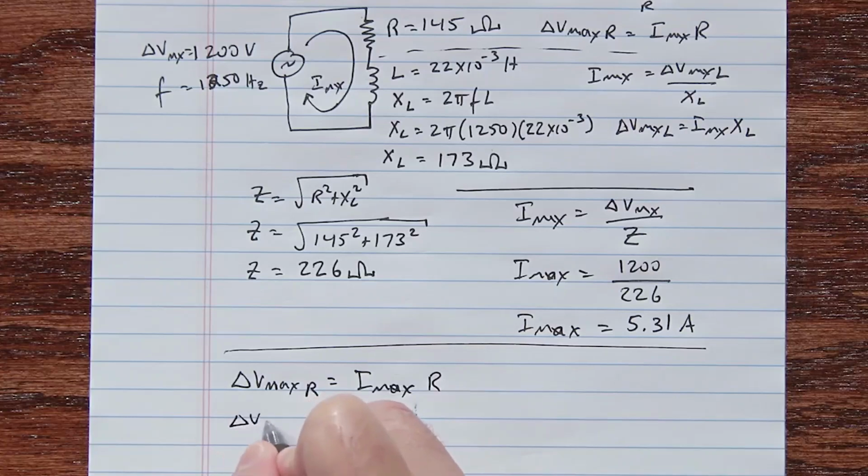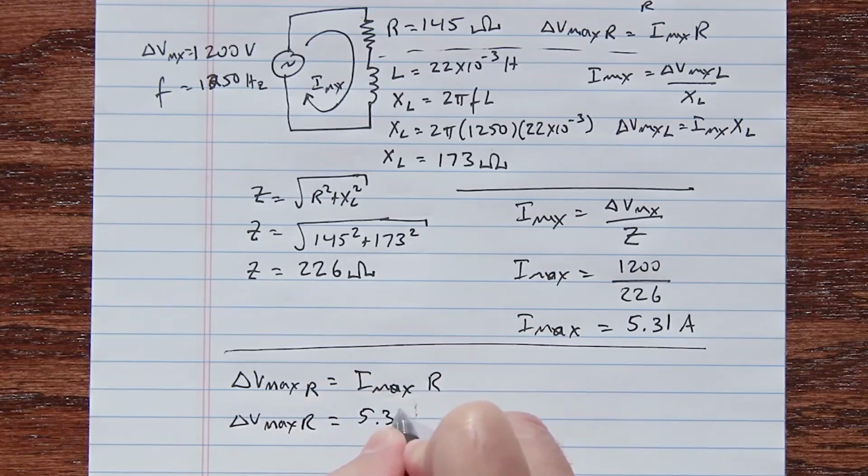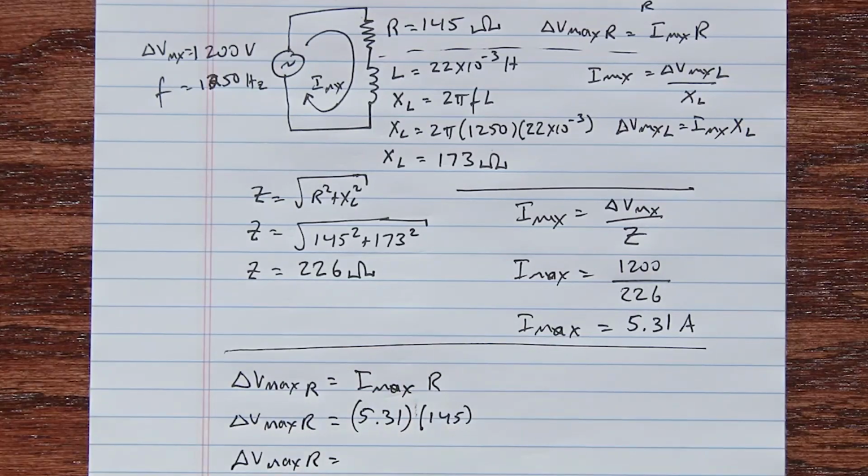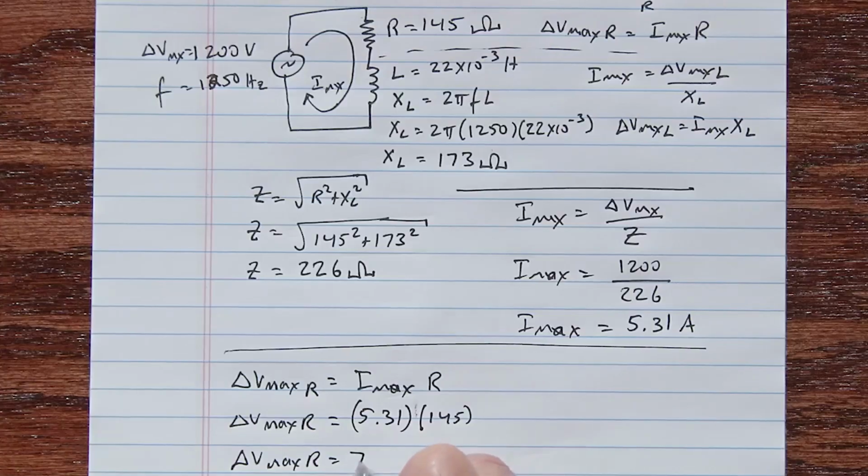So delta V max R is equal to 5.31 times 145, that would be 770 volts.